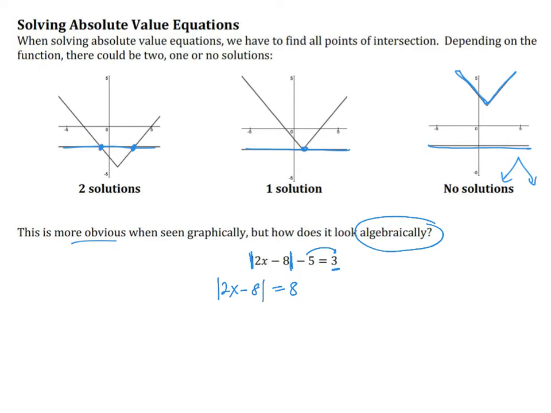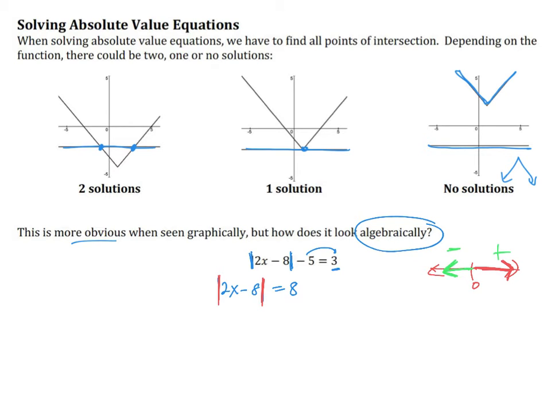Remember, we said that the absolute value symbols are talking about the distance from 0 on a number line. And we're either going to go to the right-hand side of the 0 to get a distance, or we're going to go to the left-hand side to find the distance. The right is a positive direction, and left is a negative direction.